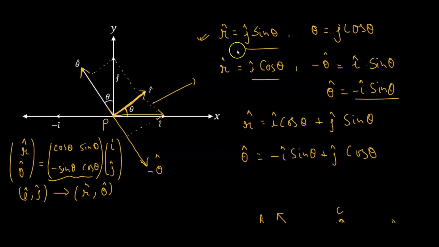That is simply given by theta cap equal to j cap, the one that we were resolving, multiplied by some angle, which is theta. And since theta is mentioned here, we used cosine theta, and on the other side there was no angle mentioned, so we multiplied with sine theta. So you can pause the video and check both the cases. And this is how we have obtained the relationship between I cap, j cap and r cap, theta cap.